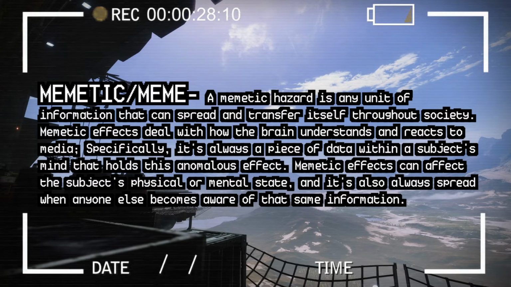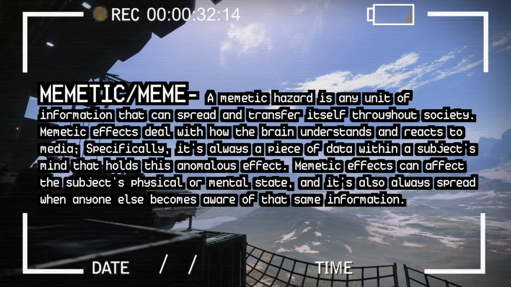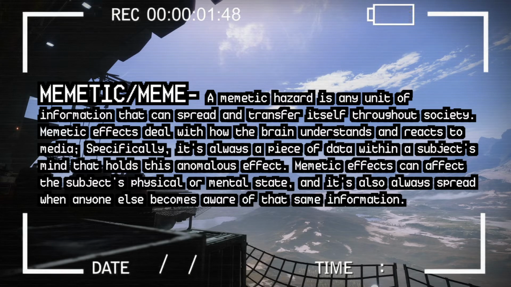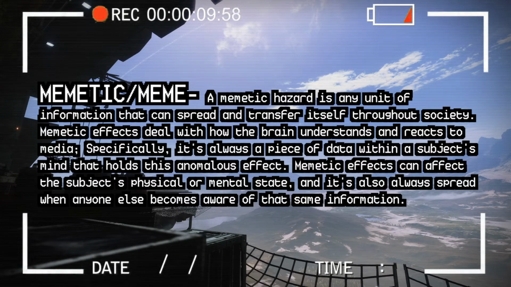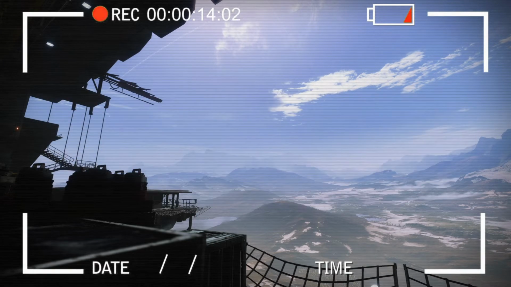Memetic effect deals with how the brain understands and reacts to media. Specifically, it's always a piece of data within a subject's mind that holds this anomalous effect. Memetic effects can affect the subject's physical or mental state, and it's also always spread when anyone else becomes aware of that same information.